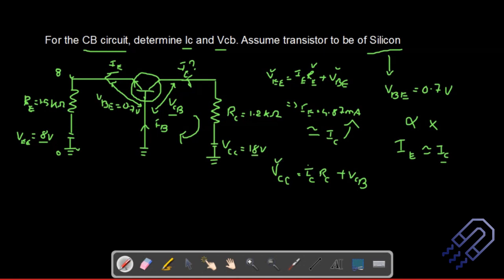You know what is IC, you already have it here. And then you know what is RC because this is 1.2 kilo ohm. So just find out what is VCB. This is the second part of the question. You should be able to get VCB equal to 12.16 volt. That's the answer.